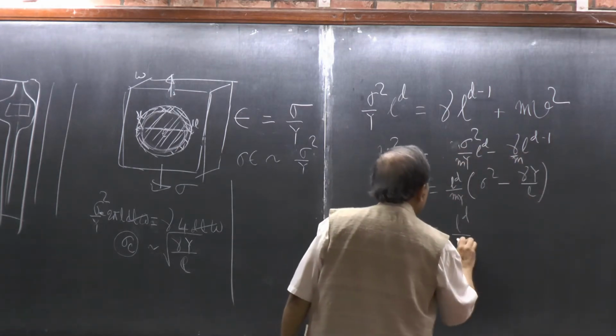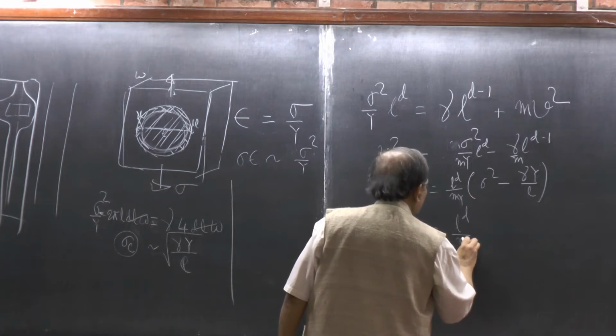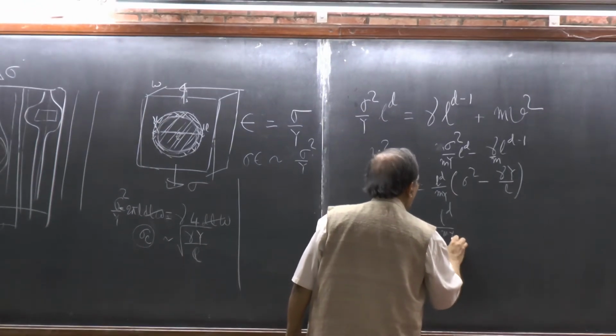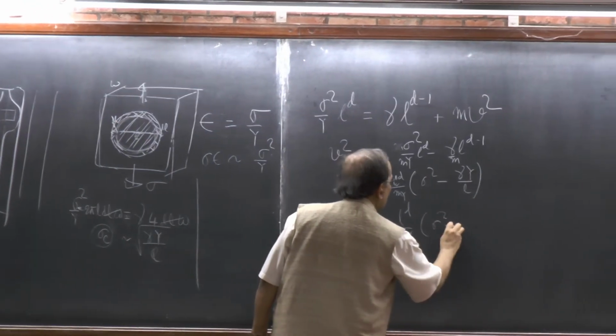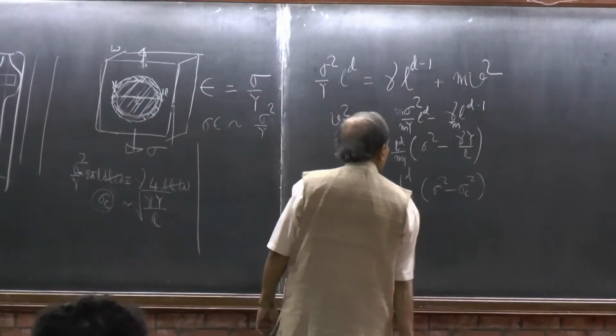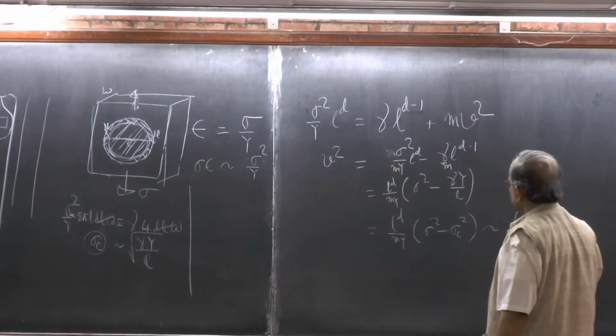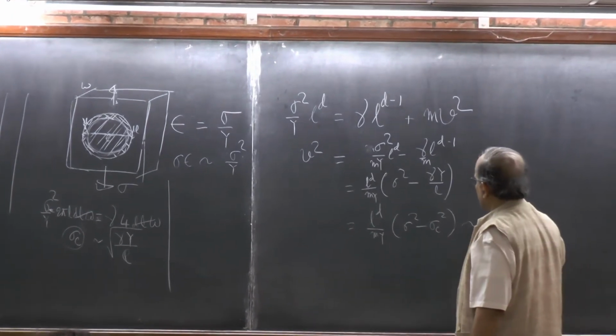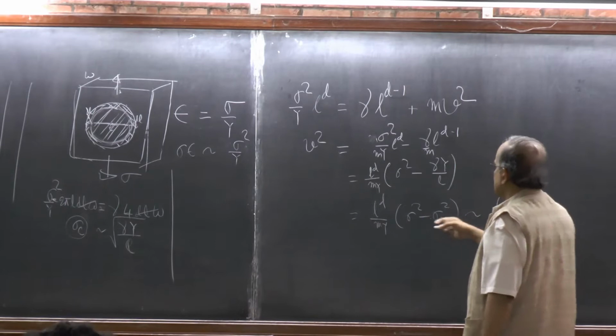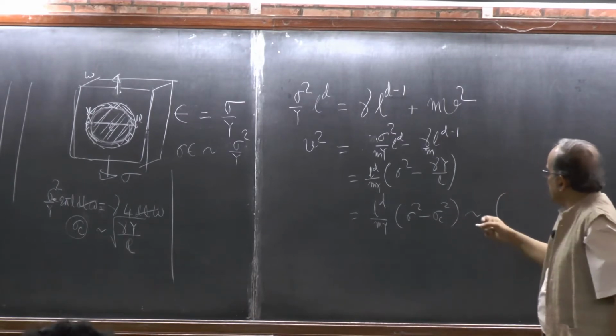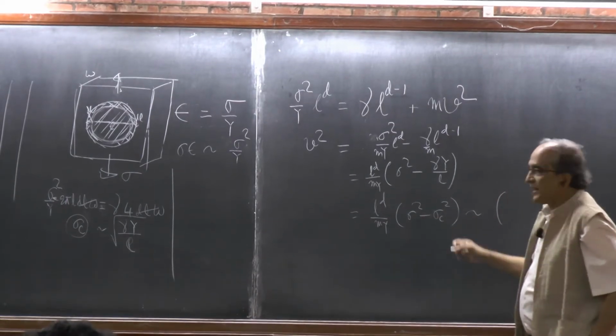So L to the d by m Y into sigma square minus sigma c square, which can be written as sigma plus sigma c minus sigma c.